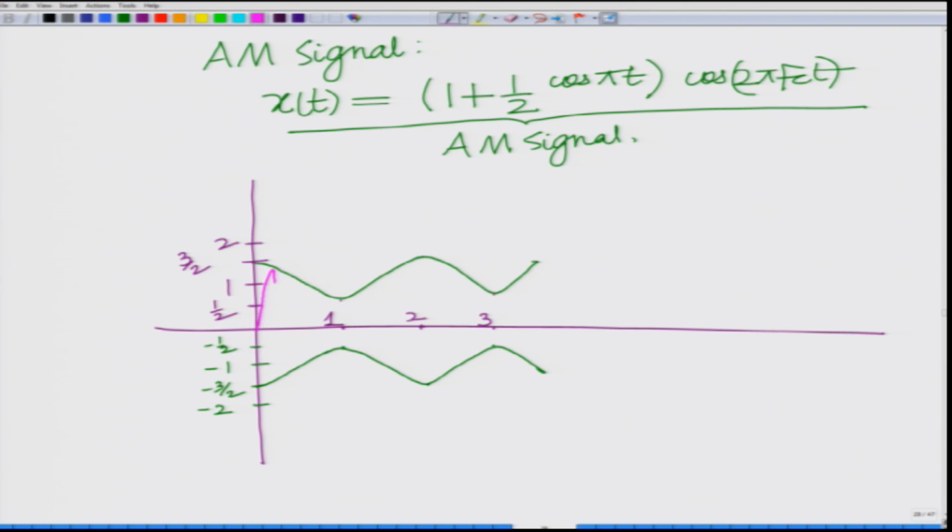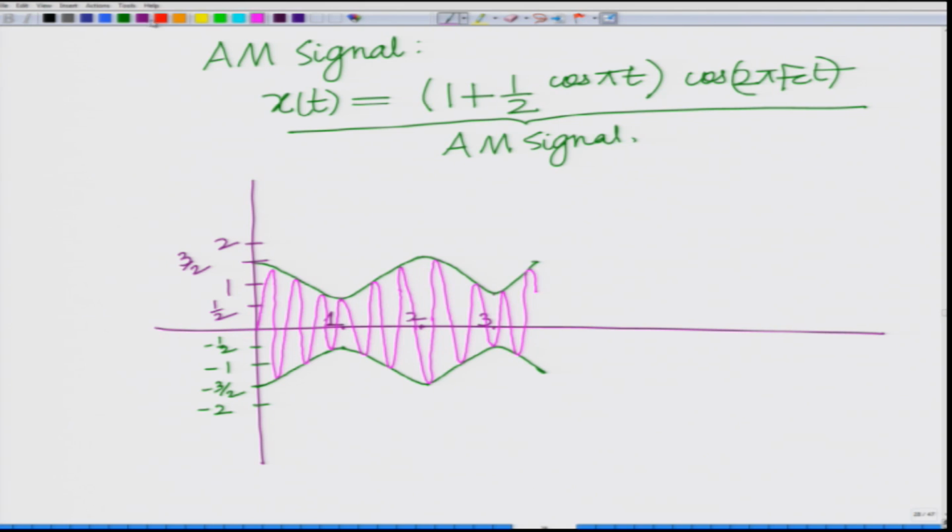So, I have a carrier whose amplitude varies according to this modulating signal. So, I am going to have something that looks like this.